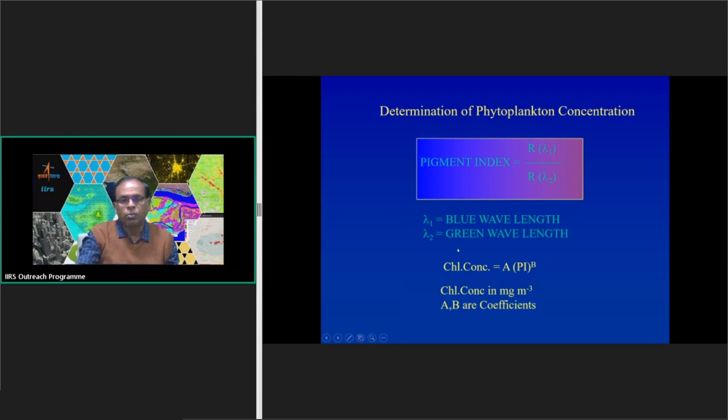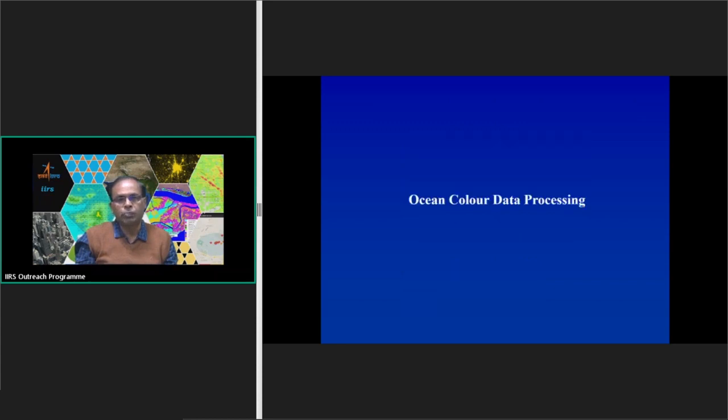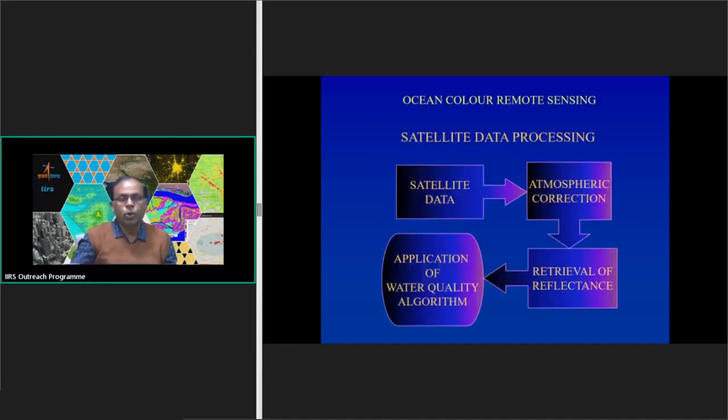Then this algorithm can be applied to the satellite data to retrieve the phytoplankton concentration from the remotely sensed ocean color data. So now we will discuss the ocean color data processing steps. First we take the satellite data and do atmospheric correction, and then we retrieve the reflectance or radiance of the water. Then we apply the water quality algorithm that we have developed.